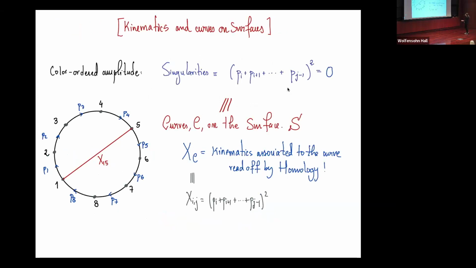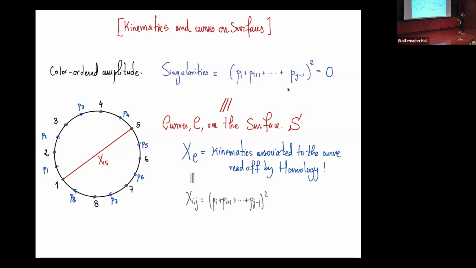What I want to tell you now is that we can actually nicely label these kinematic invariants that are associated to singularities by associating them to curves on surfaces. Already at tree level, if we consider the disk, and we assign a momentum to each boundary component of the disk, as I did here, then I take a curve on the disk that I'm going to call x15, and I can associate a kinematic invariant to this curve by homology.